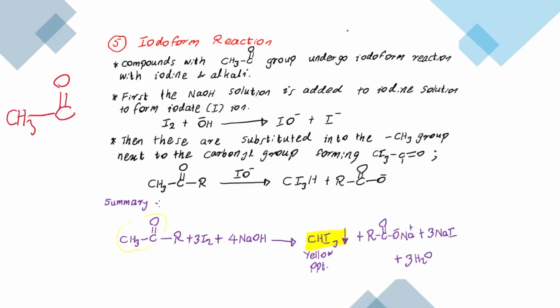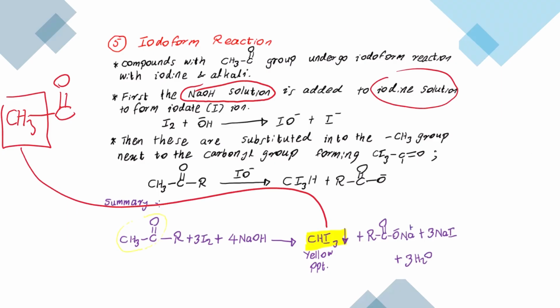When you add sodium hydroxide solution with iodine, the R group comes out and forms CHI3, which is a yellow precipitate.